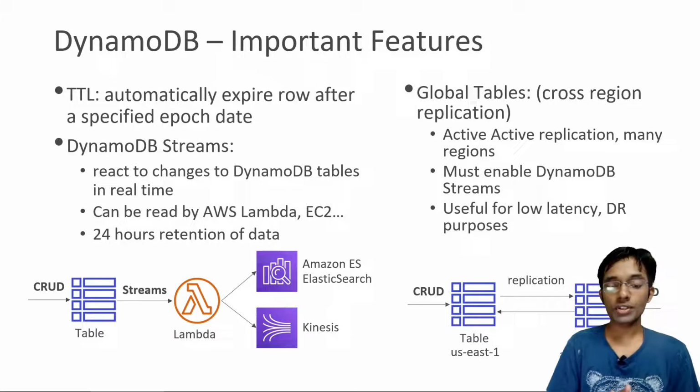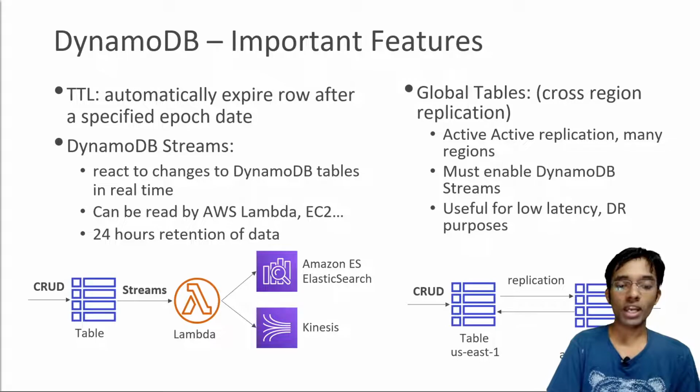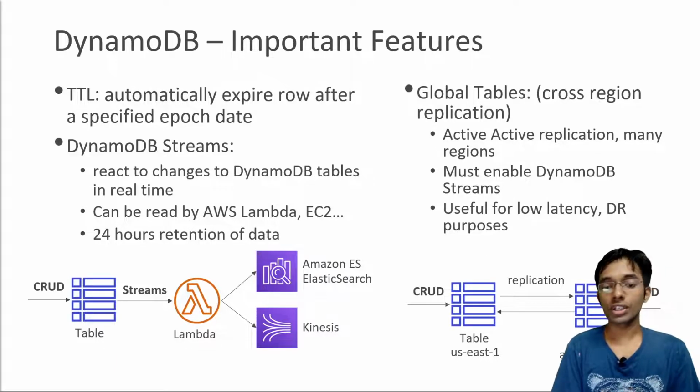Some important features of DynamoDB. Number one is TTL, which makes a row expire after a specific amount of time. We have DynamoDB Streams, where we want to react to changes to DynamoDB tables in real time. This is a very common architecture, and this stream can be read by Lambda very commonly, or EC2. You get 24 hours retention of data in that stream. So here's a very common architecture: create, read, update, and delete operations are done to a table, and anything that modifies that table, so create, update, and delete, will be put into a DynamoDB stream.